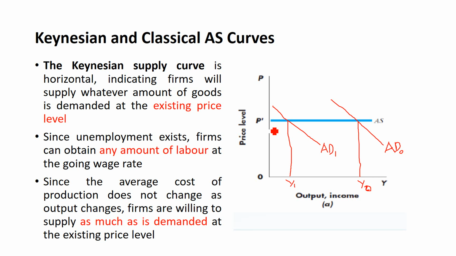As we will see later on, we also can think about the Keynesian aggregate supply curve as representing short-run aggregate supply. Because in the short run, from today to tomorrow to the end of the week, perhaps to the end of the month, it would always be possible for firms to expand the amount of output that they produce, and for that to have only a negligible, if any, effect on the price that they are selling their goods and services at.